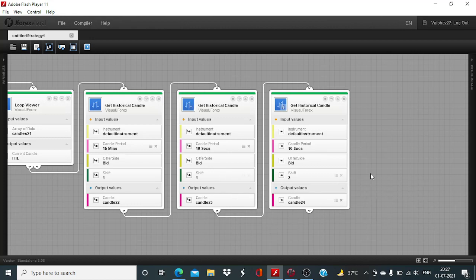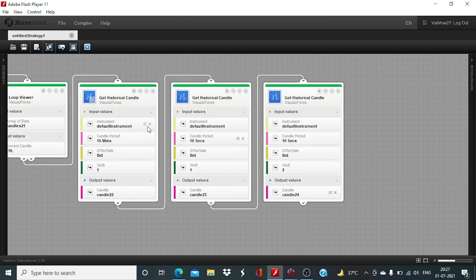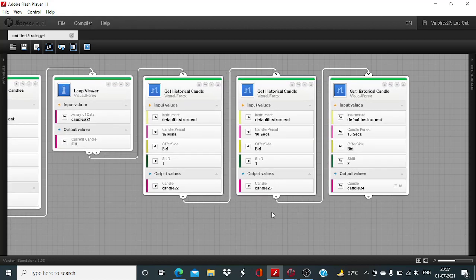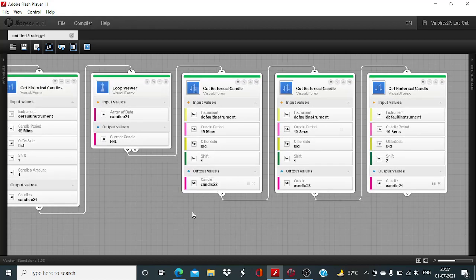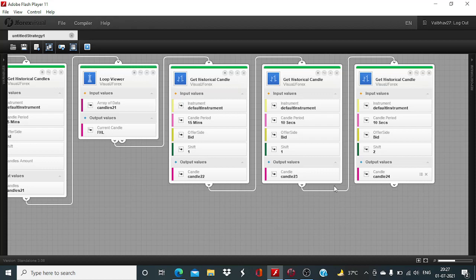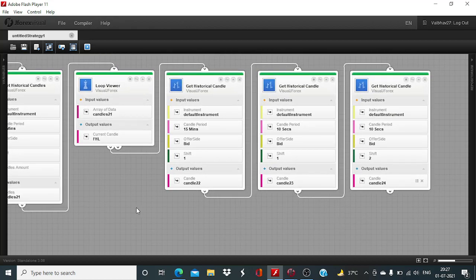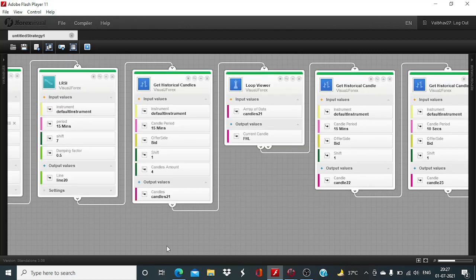Is going to be 2. Okay. So we have defined these blocks, get historical candle with varying candle periods. And with this, we have got these building blocks for our algorithm.